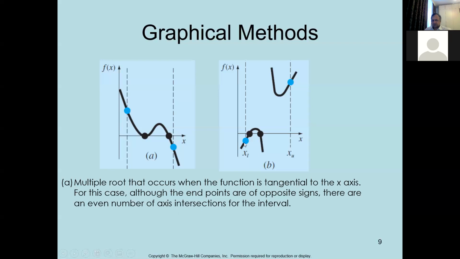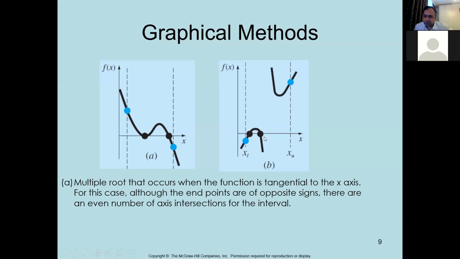From the lower and the upper bound, you can see that although the points are going from the negative to the positive values of the function of x, there are an even number of roots in this case because the function was discontinuous. Therefore, in order to apply the odd or even number of roots rule, we have to follow certain restrictions.